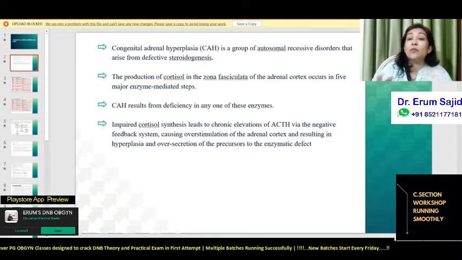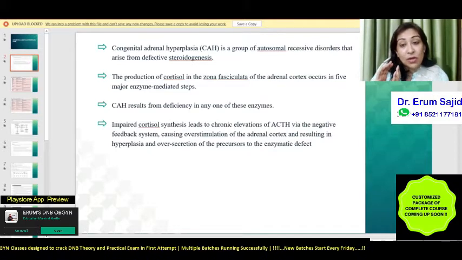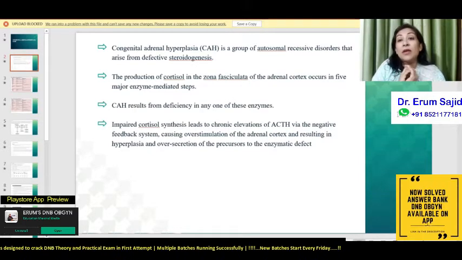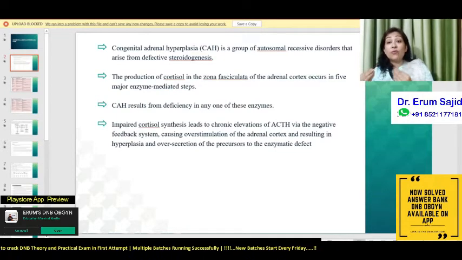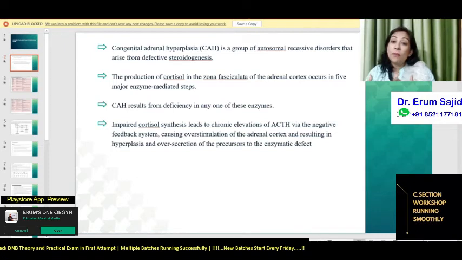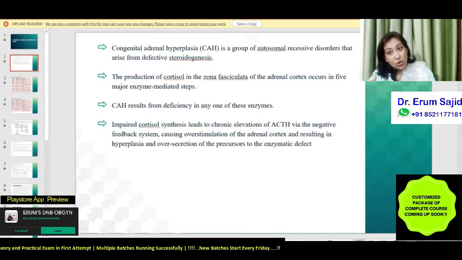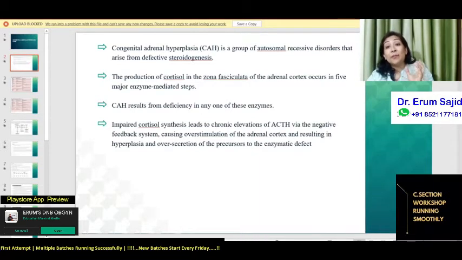To understand it one step better, I'll bring you to another slide, but right now what I'm trying to make you understand is that cortisol synthesis is getting defective because of the deficiency of a few enzymes, but the body comprehends it as a decrease in the levels of cortisol, and gives a negative feedback to the higher centers, and they secrete more and more ACTH, because of which there is adrenal cortex hyperplasia.